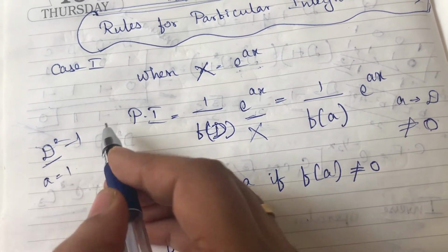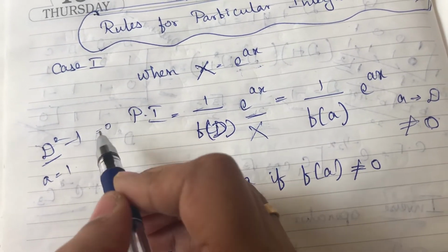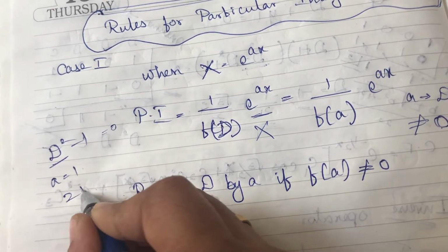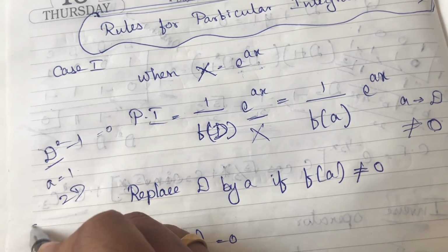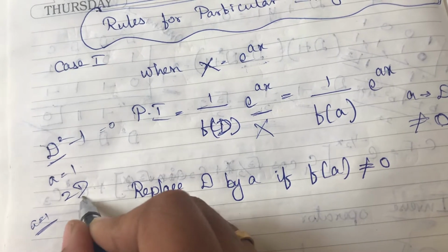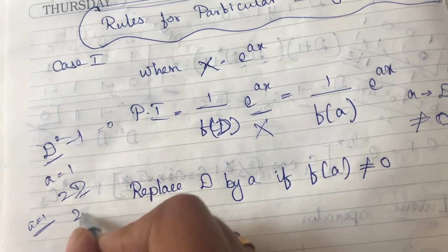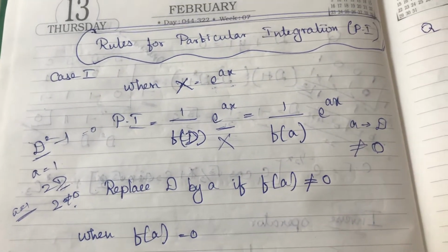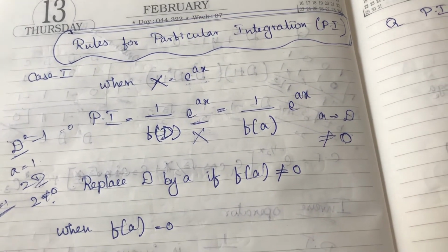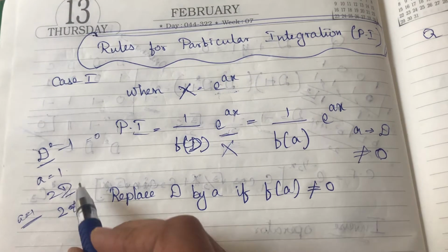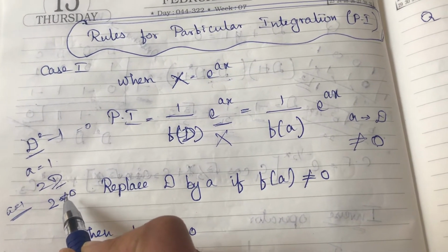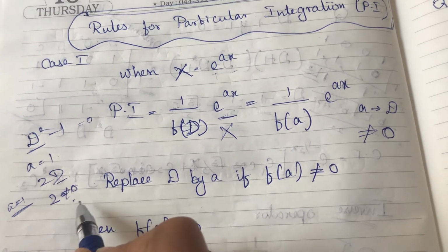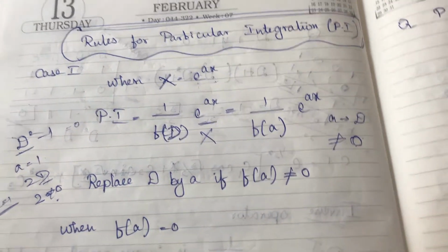If I put 1 here it will become 0, so I should not allow this. So differentiate this, 2d, then you can put a equal to 1 here in terms of d. So 2 will be the answer. So it is not equal to 0. Likewise we need to reduce it up to the end, until the denominator term is not equal to 0. Only then can we stop.